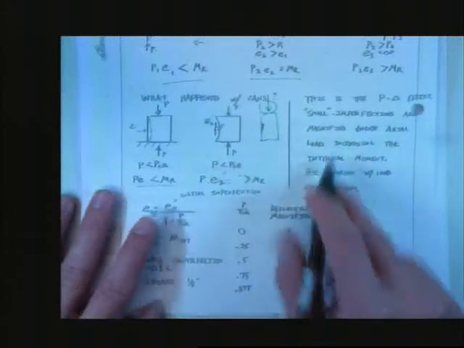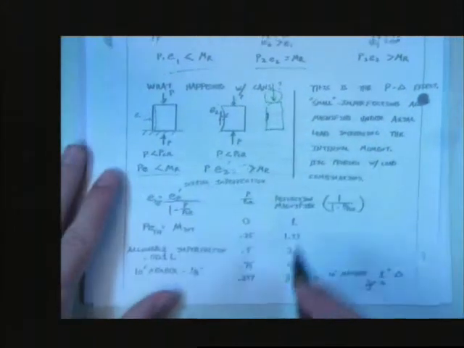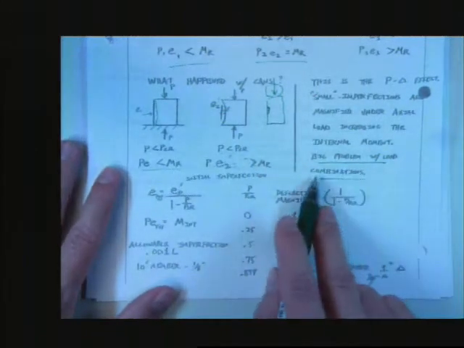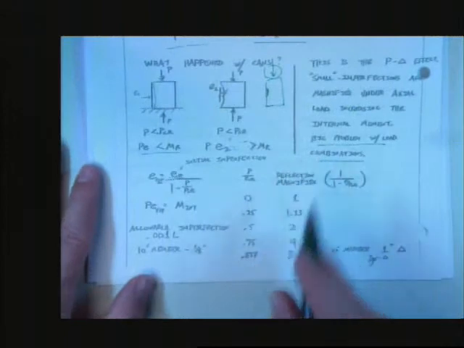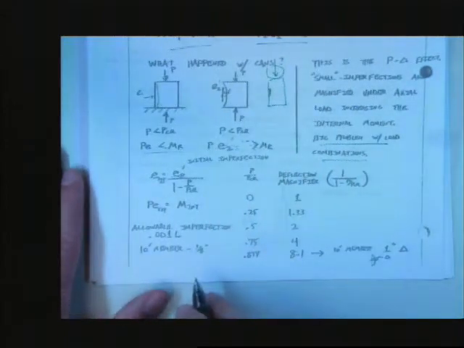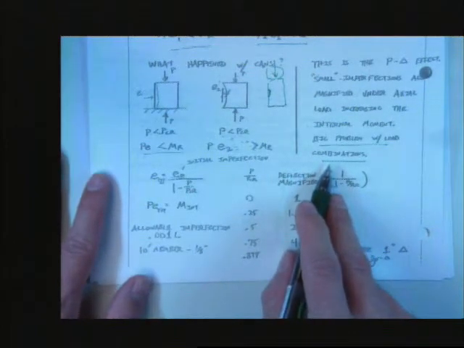Small imperfections are magnified under axial load, increasing this internal moment, and this is a big problem with load combinations. What I mean is this is a big problem in actual structures, and you have things like wind blowing and axial load going on. The good thing that saves us, though, is it's rare that we're having a dance party on the roof during a tornado. Doesn't happen very often. Okay?